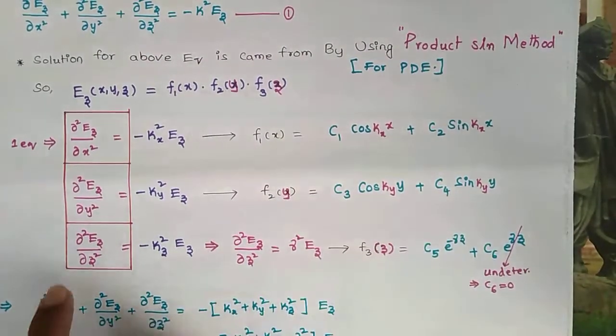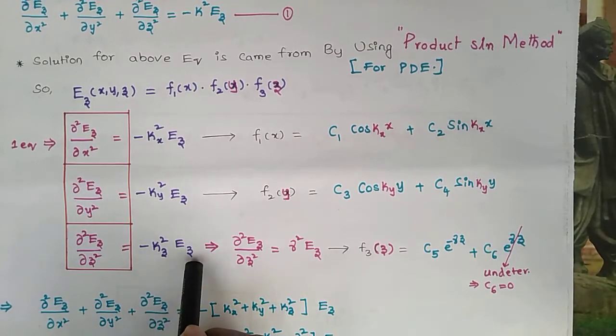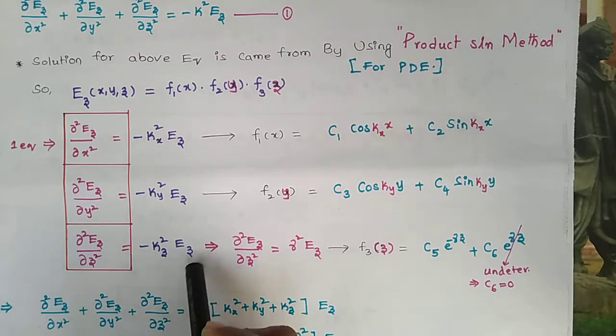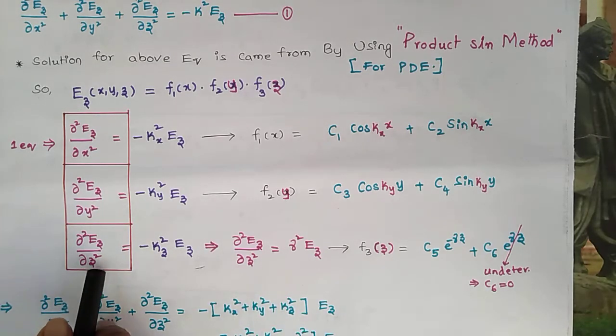Now the z component: dou square Ez by dou z square equals minus kz square into Ez. We already discussed the Helmholtz equation for the uniform plane wave, where Ex equals 0 and Ey equals 0; for this also Ex and Ey equal 0.